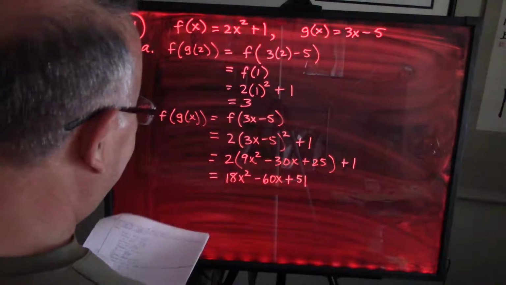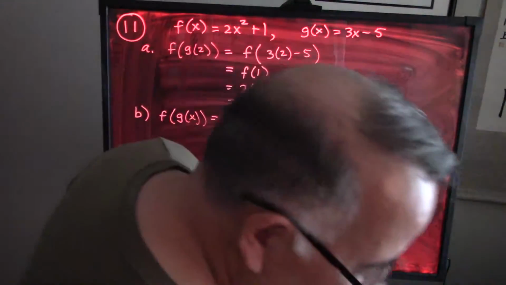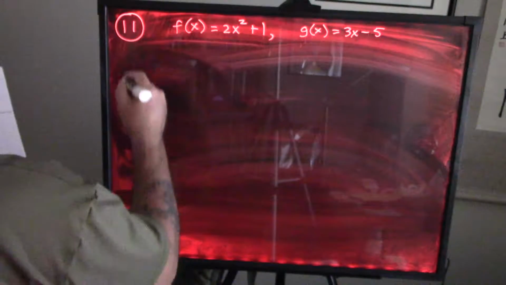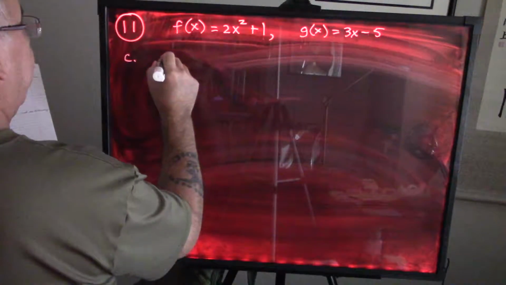Alright, so some quick erasing here, and we'll get to part C. Let's do part C. G of f of x.